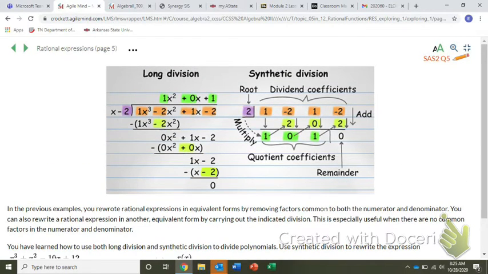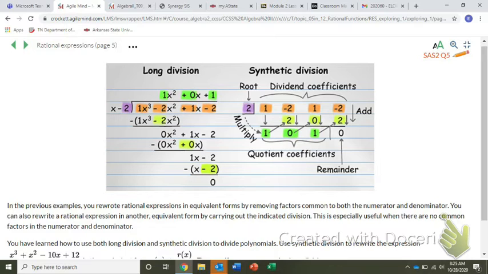So here is, remember long division and synthetic division? So this picture up top is showing you the steps, which we know how to do because we've done it before. So we are going to do synthetic.